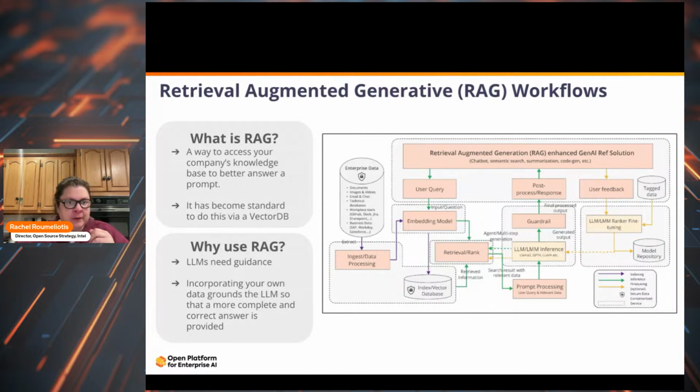RAG takes that knowledge base and also anchors it in other trusted knowledge bases, to make sure you're getting a good answer. A standard way to do this is through vector DBs, and we have a bunch that are viable within OPEA. I've seen Redis is built out, Qdrant is built out.